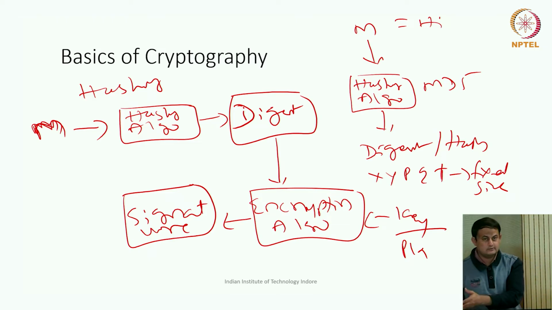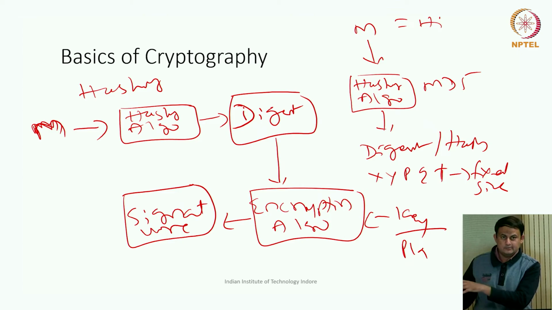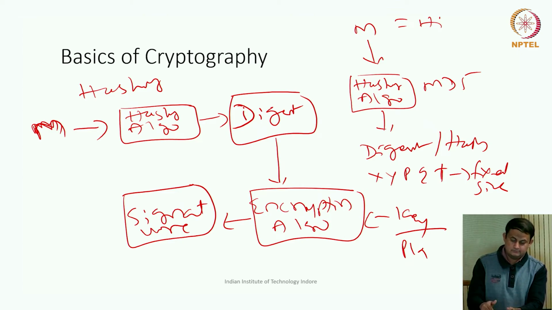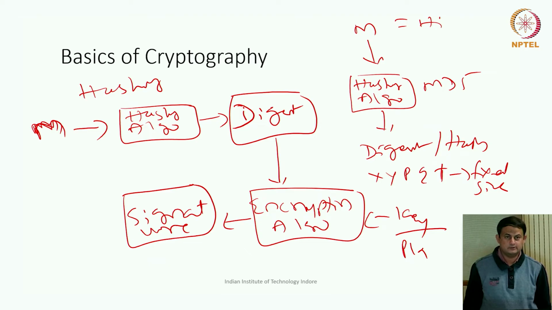Then go to the message M, which is probably in plain text format, recompute the hash value, and compare whether the recomputed hash value on the received M and the value derived from decrypting the signature match or not. If these two match, then we say that the signature verification is done.